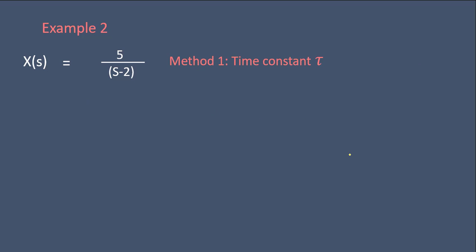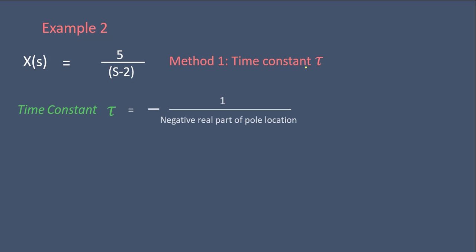Now let us consider one more example. I have the transfer function X of s is pi upon s minus 2, and we are using the time constant tau formula method. We know the time constant tau is given by minus 1 upon negative real part of pole location.